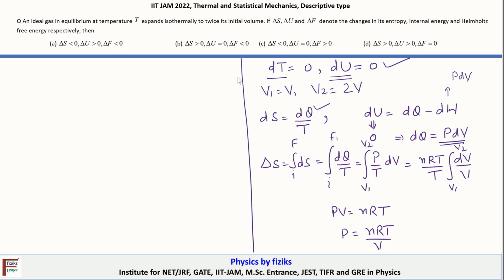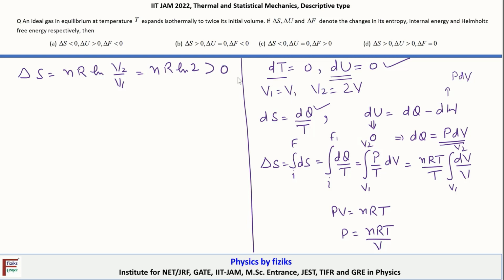Therefore the corresponding entropy change delta S is equal to nR ln V2 upon V1, that is equal to nR ln 2, and this is greater than 0.